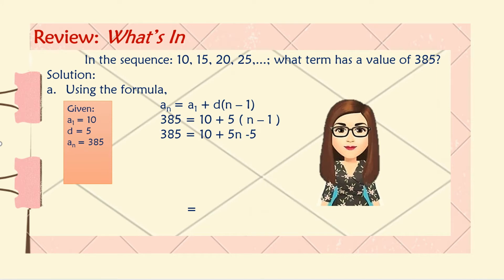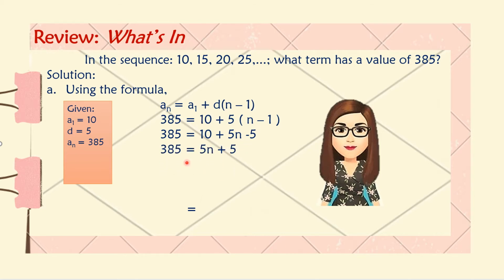So we have 385 is equal to 10 plus 5 times the quantity n minus 1. We need to multiply: 5 times n is 5n, then 5 times negative 1 is negative 5.